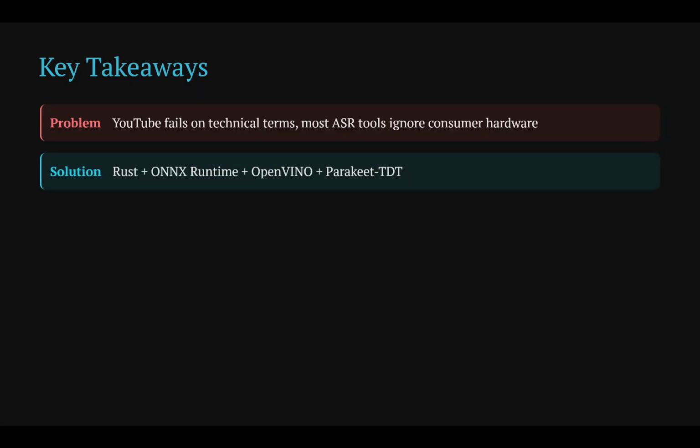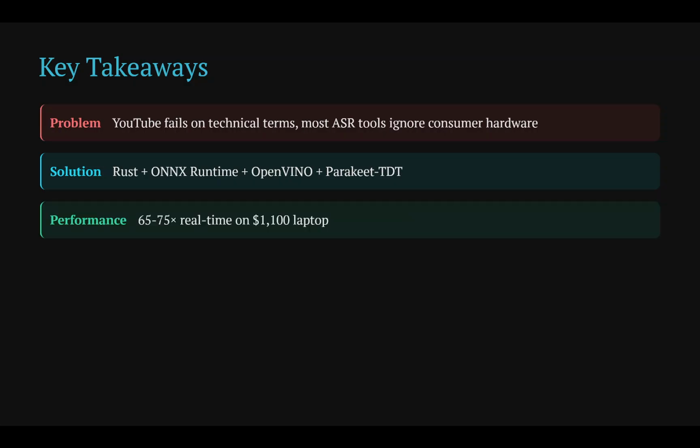With Rust for portability, ONNX runtime for cross-platform inference, OpenVINO for Intel optimization, and Parakeet TDT for speed and accuracy, Melops offers a better solution. You get 65 to 75 times real-time performance on a $1,100 laptop, competitive with data center hardware.